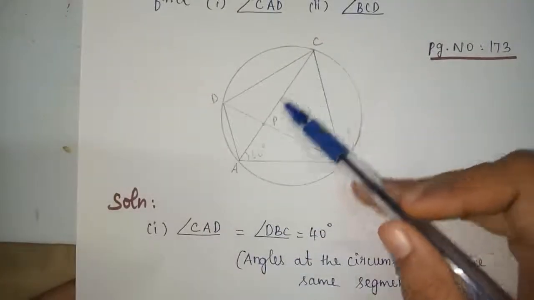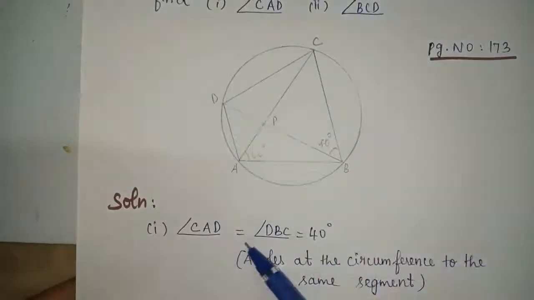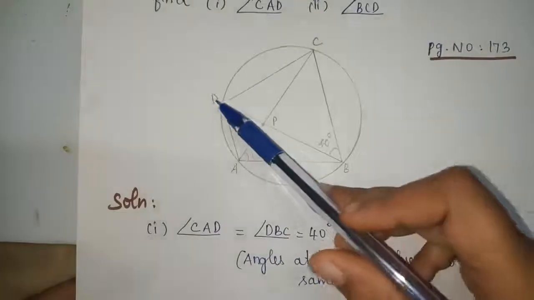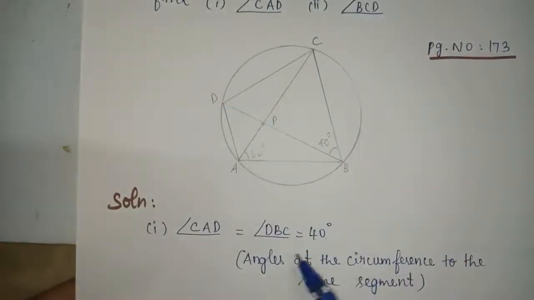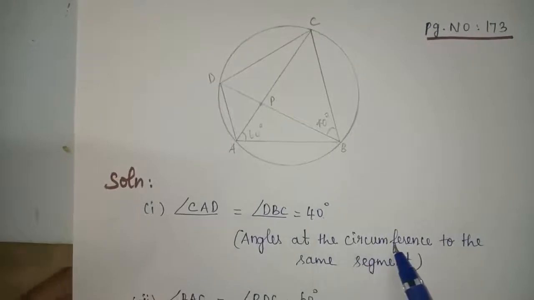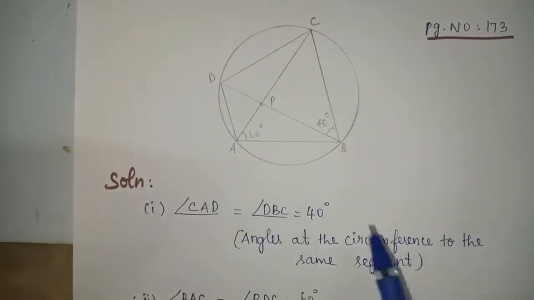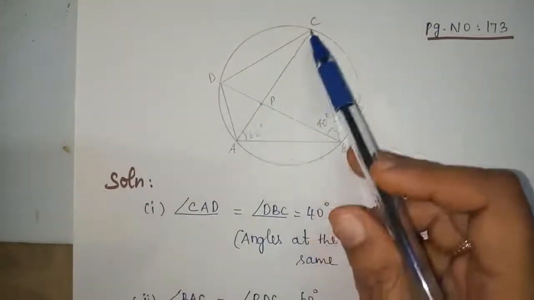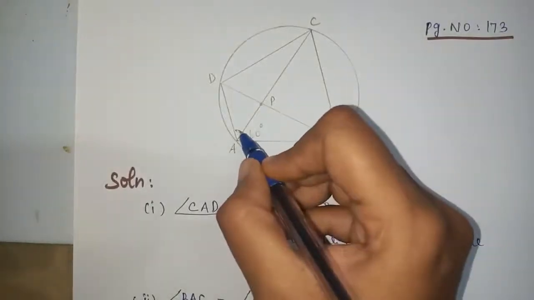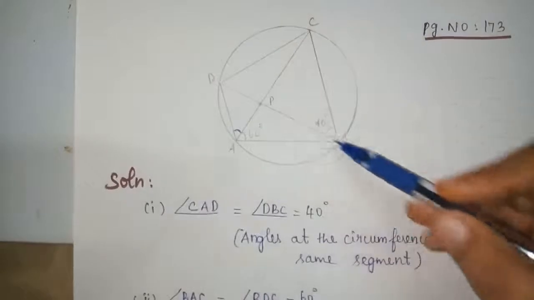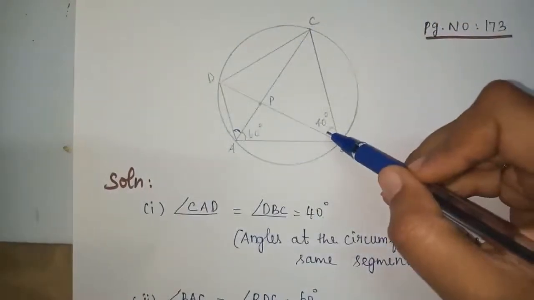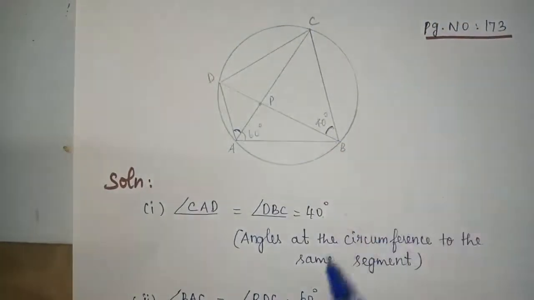Here we can see angle CAD is equal to angle DBC is equal to 40 degrees because they are angles at the circumference in the same segment. Angle CAD and angle DBC, these two angles are angles at the circumference in the same segment.